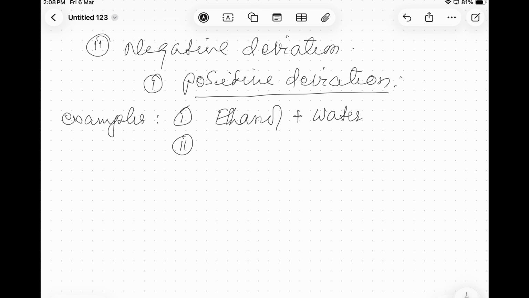Similar is the case with acetone when mixed with carbon disulfide, CS2.